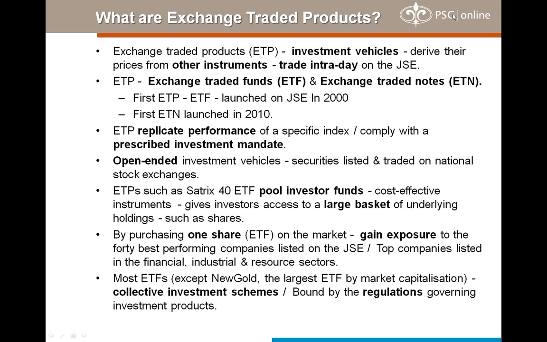The SATRIX 40, which was the very first one to be listed, you can imagine is like a unit trust. It pools investors' funds. The big advantage and attraction there is that it's a very cost-effective instrument. It gives the investor access to a large basket of underlying shares through just one share. So you gain exposure to the 40 best performing shares on the market, if you're looking at the top 40.